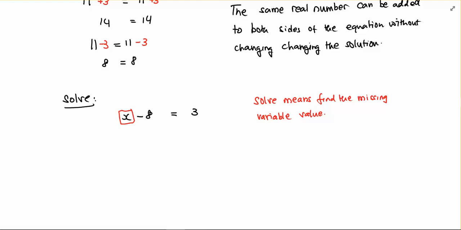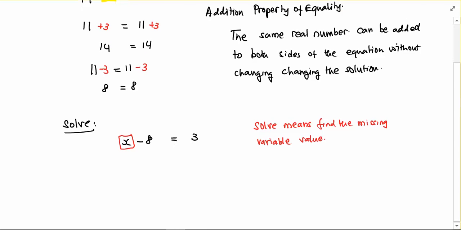And so we're going to use this addition idea, the addition property of equality. We are going to add a very special number that will cancel out this 8. So here's my equation, and like we did in the problems above, we're just going to add a number. This time we're going to add the number 8. And why 8? Because it will cancel out that negative 8. It's the additive inverse of 8, right?